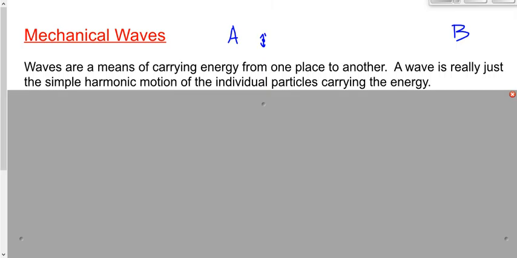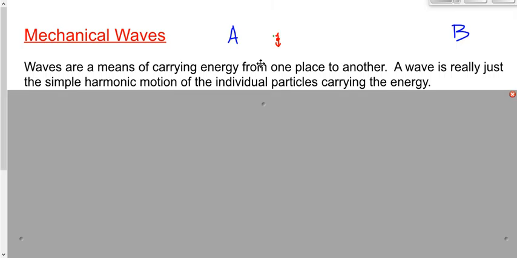The energy in the simple harmonic motion of this guy gets transferred to the simple harmonic motion of this guy, gets transferred to the simple harmonic motion of this guy, and so on. So it's all simple harmonic motion, but as we go, the energy gets transferred from one particle to another.